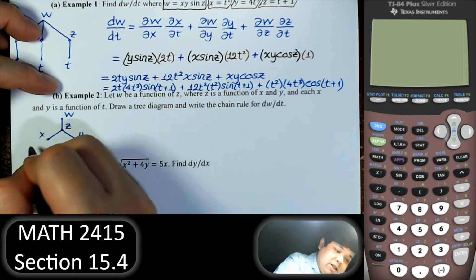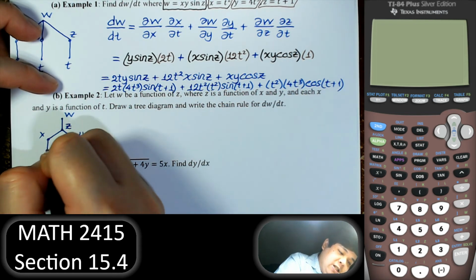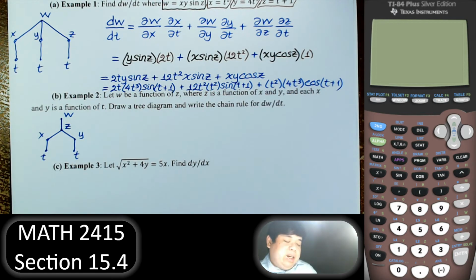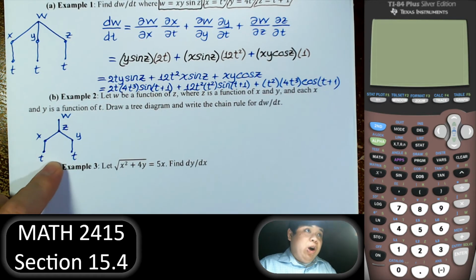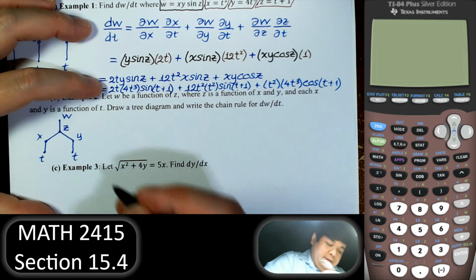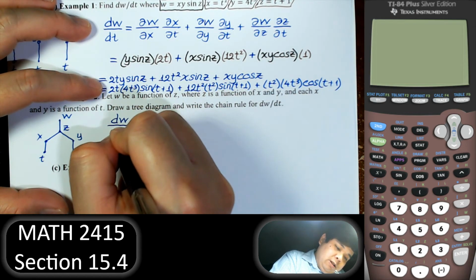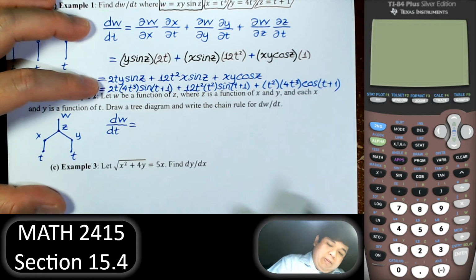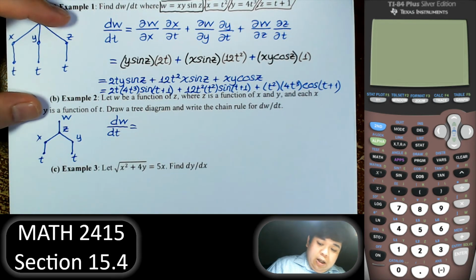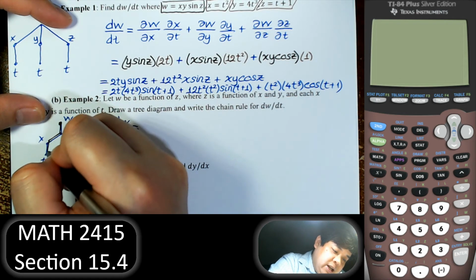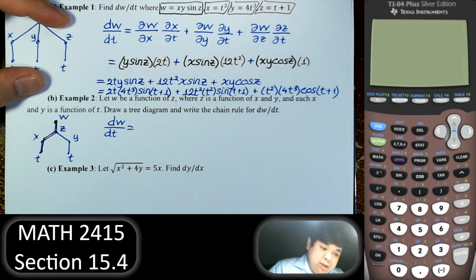And each one of them is a function of t. So only one variable at the bottom, so it's going to be just derivative. So we can go from W to Z, Z to X, and then X to T. So there are three of them.